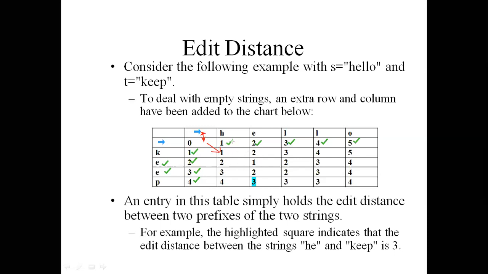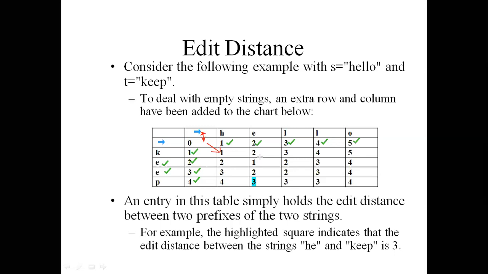Suppose, depending on the minimum value we need to find. Suppose here you check 2, 1, 1. Here the strings are K and HE. Now check how many operations are needed. You need to replace K with H, one operation.